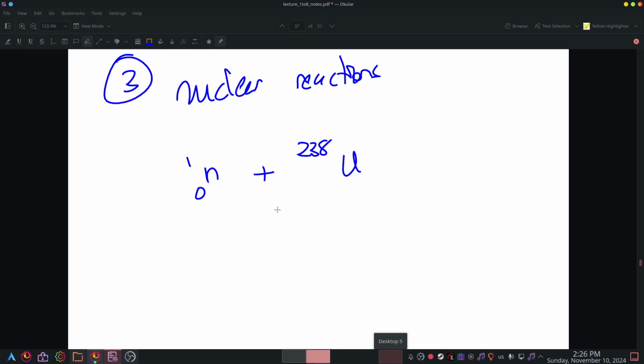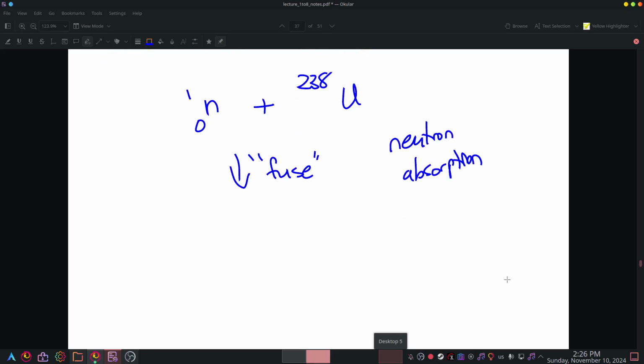What do you mean by absorption? This neutron and this uranium-238 combine, they fuse. We call it neutron absorption. This is very important in nuclear reactions, neutron absorption.